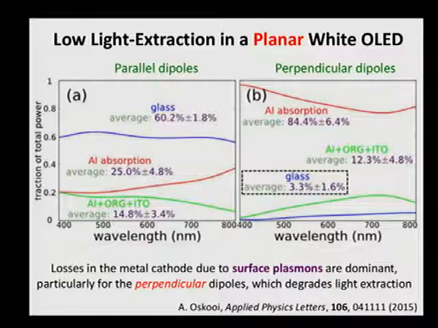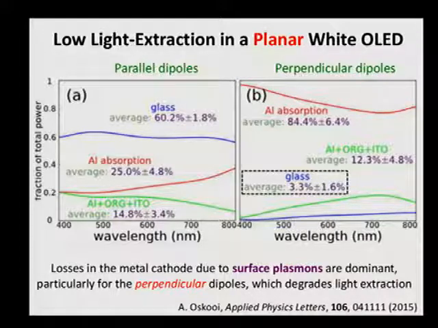The figure on the left is for dipoles that are oriented parallel to the layers, and the figure on the right for perpendicular ones. As you can see, the amount of power that's actually leaving the device through the glass is small, but it is almost negligible for the perpendicular dipoles, where losses due to the aluminum absorption are dominant.